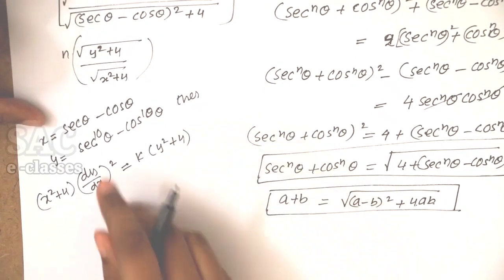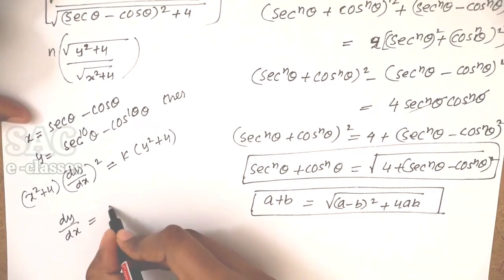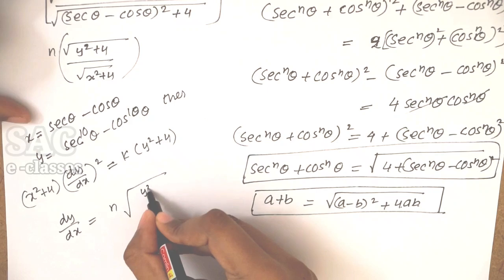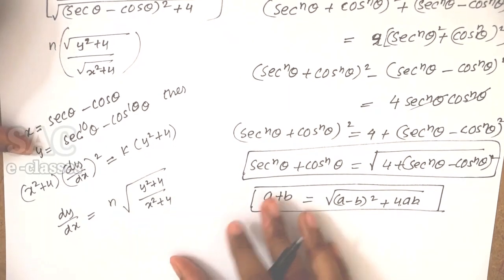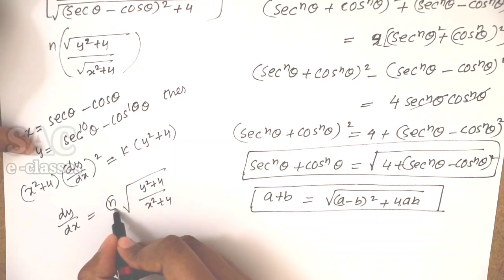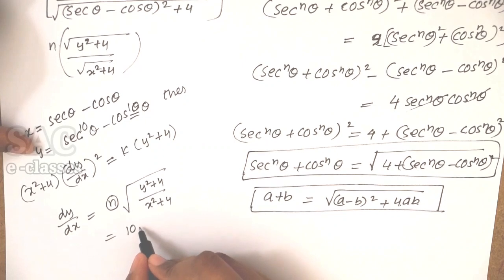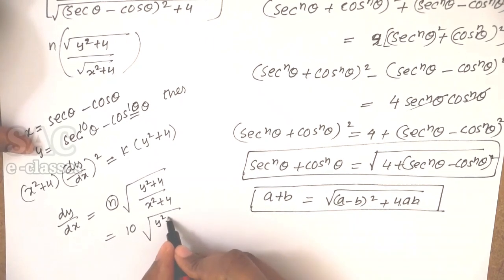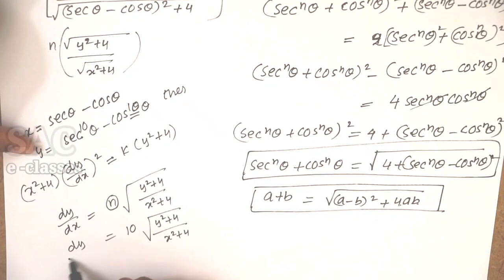By observing this, we know dy by dx is equal to n into root over y square plus 4 by x square plus 4. Then go for simplification. Here n stands for power. It is 10 into root over y square plus 4 by x square plus 4.